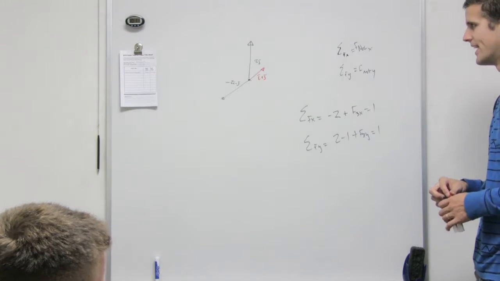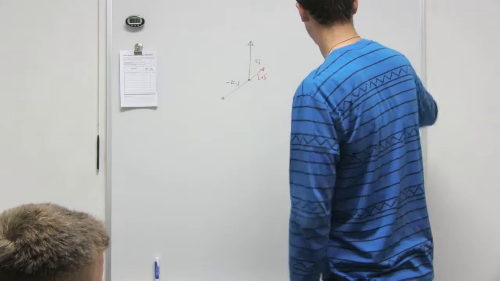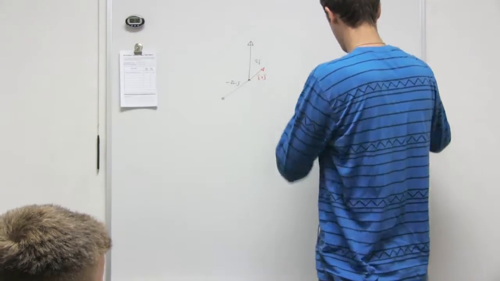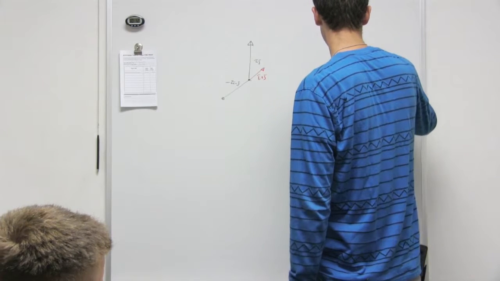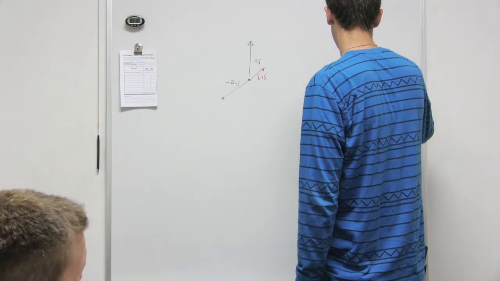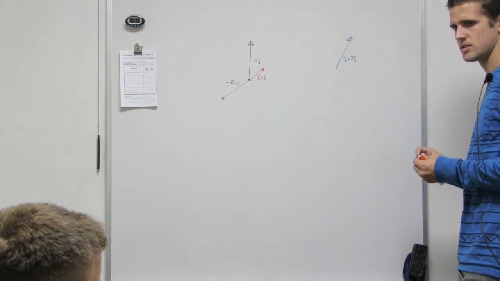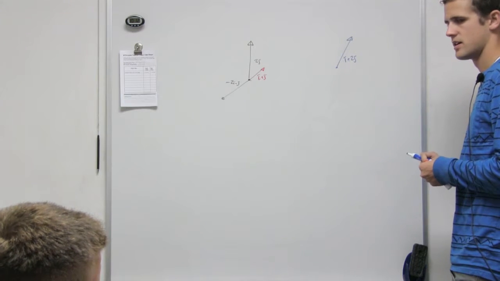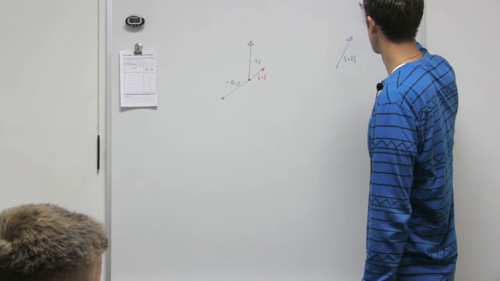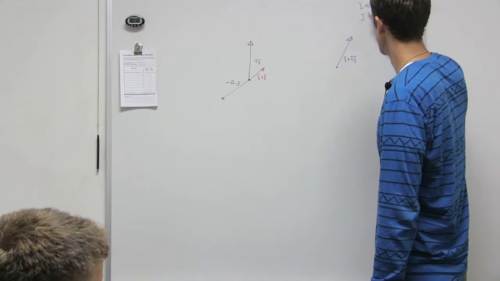Sort of. Okay, let me draw another, like what it would be normally. So say this is i plus 2j. Is that okay to write the vectors like that? Tell me what the i and j represent. So i is basically your x component, and j is your y component.